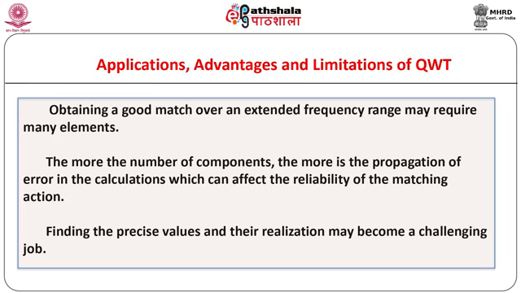Obtaining a good match over an extended frequency range may require many elements. The more the number of components, the more is the propagation of error in the calculations, which can affect the reliability of the matching action. Finding the precise values and their realization may become a challenging job.